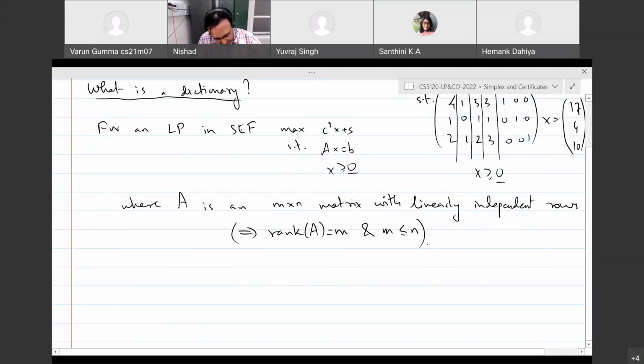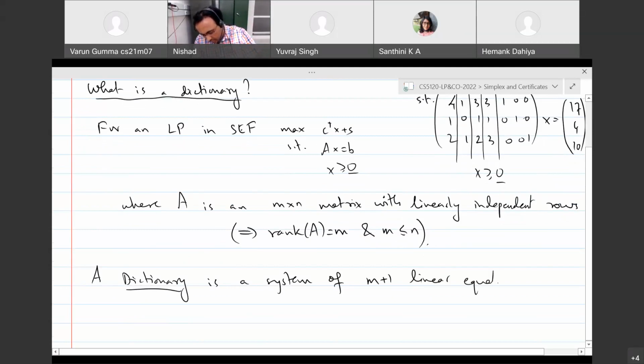So a dictionary is a system of m plus 1 linear equations, right?